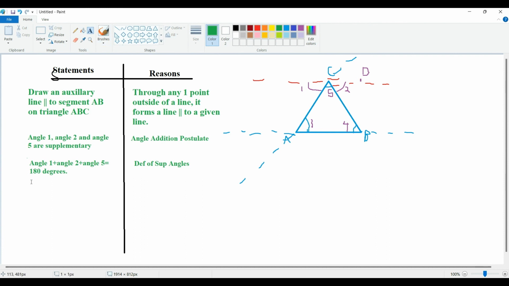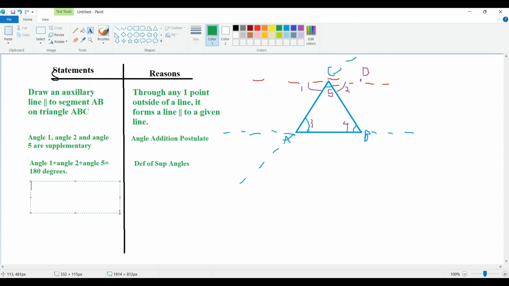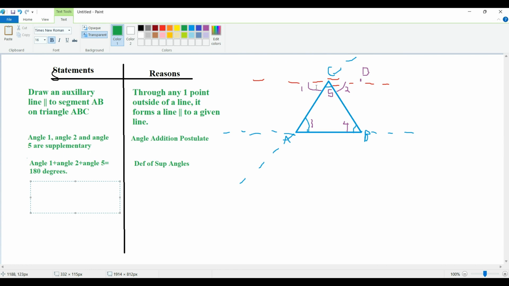And then you can just type that out. Angle 1 is congruent, that's the best I'm going to do because there's no shortcut for it, to angle 3, semicolon, angle 2 congruent to angle 4.